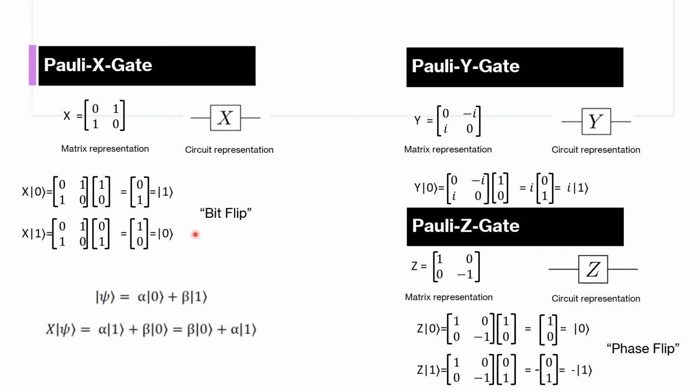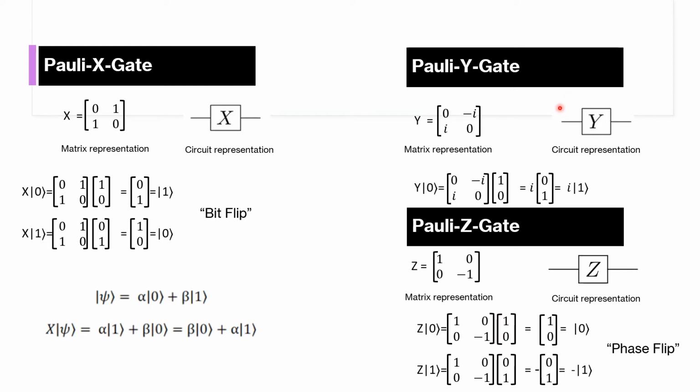This means that applying the Pauli X gate is similar to a rotation of the state of the qubit of 180 degrees around the x-axis of the Bloch sphere. This operation is reversible because if we apply a 180 degree rotation twice, we end up with the initial state ket 0. This X gate is also called the bit flip gate, and this is the X gate applied to a generic state.